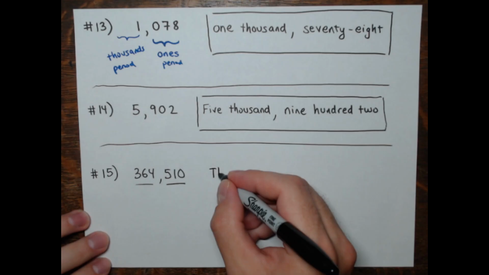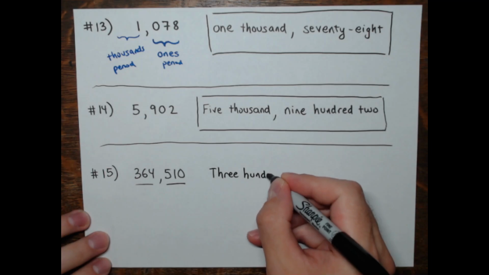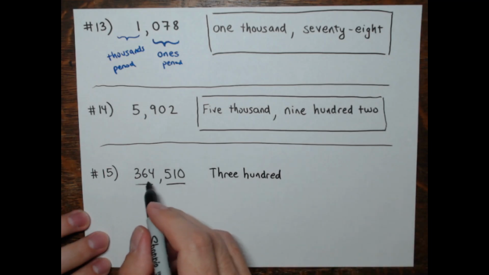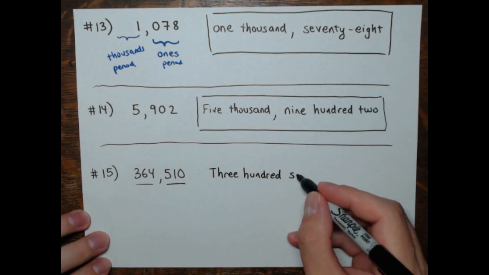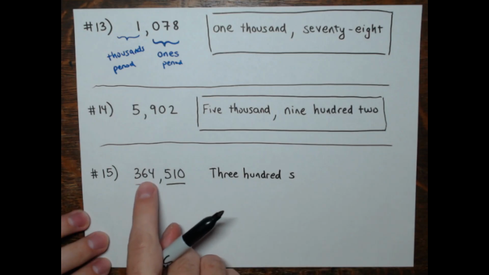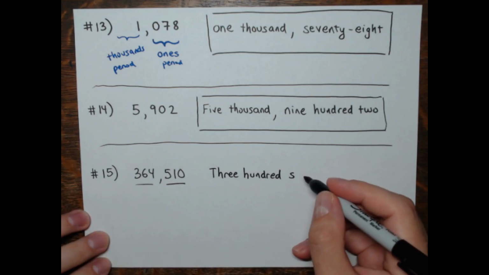So I'm going to write that out. So there are 364, and again, like 78 earlier, these two-digit numbers where there are two non-zero digits that are 21 or greater will be hyphenated.